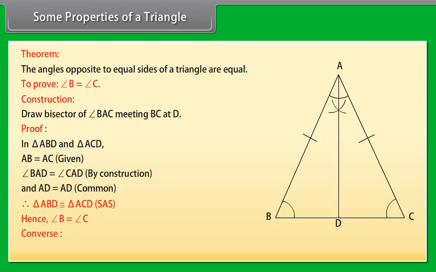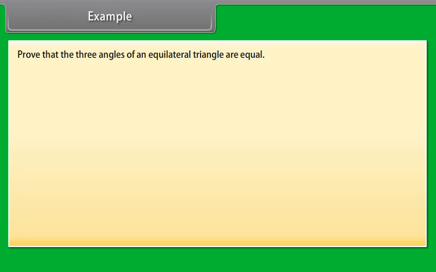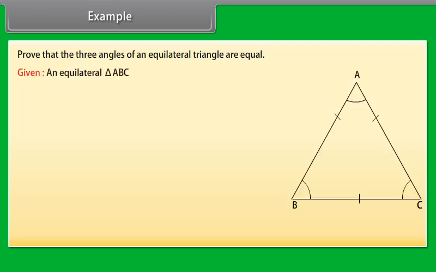The converse of the above theorem is also true, which says that the sides opposite to equal angles of a triangle are equal. Example: prove that the three angles of an equilateral triangle are equal. Given an equilateral triangle ABC, we have to prove that angle A is equal to angle B, which equals angle C. Proof: AB is equal to AC is given.